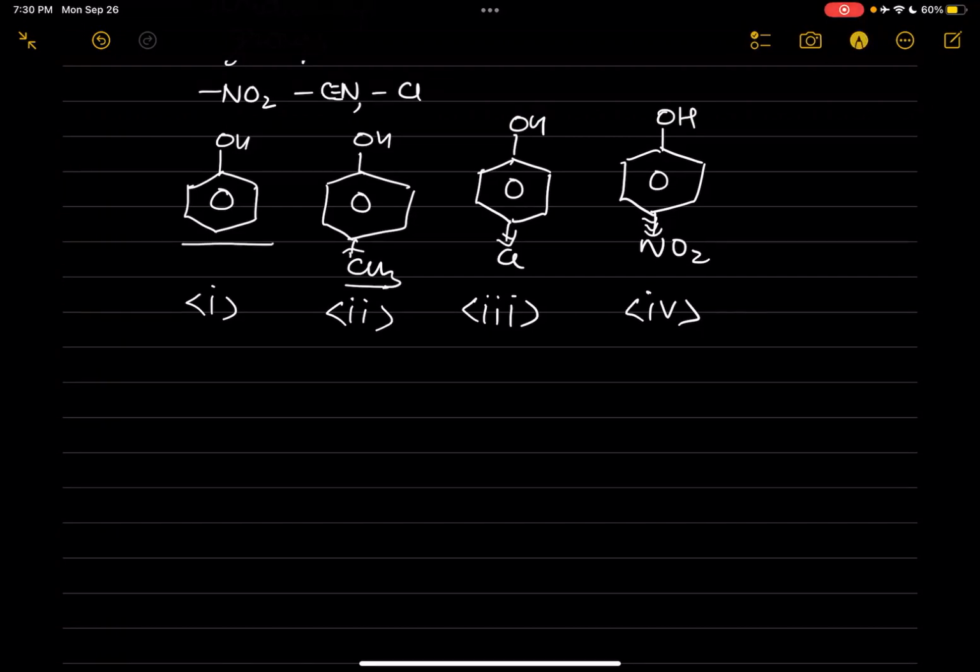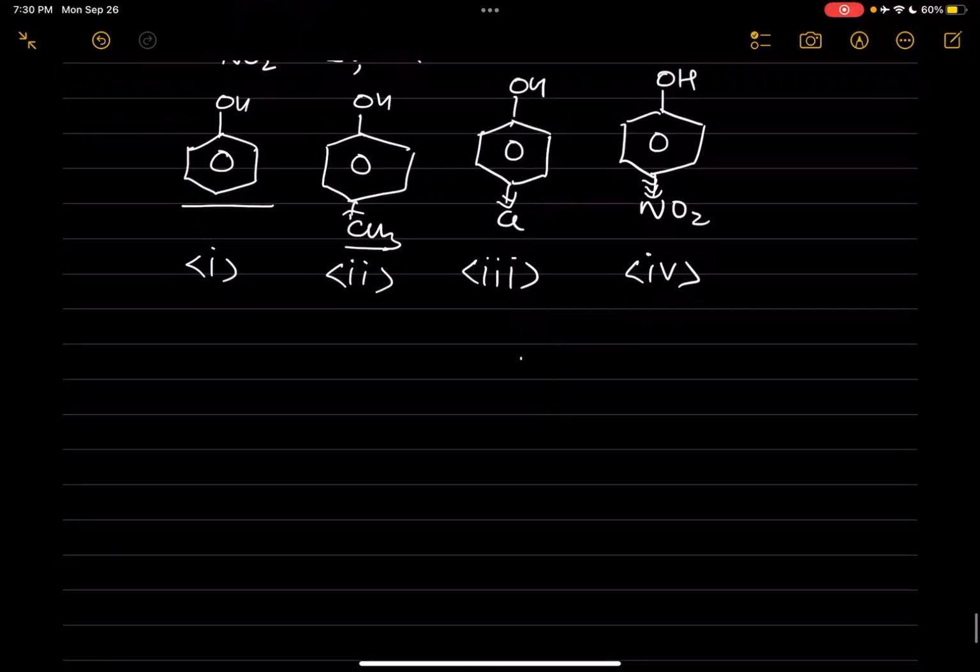And this one is not having any group on the para position. So consider the phenol as the reference, okay? Whatever the acidic strength of phenol is, it is treated as the base level.